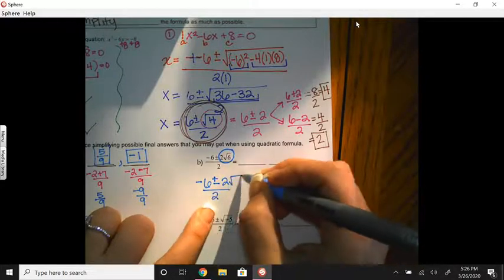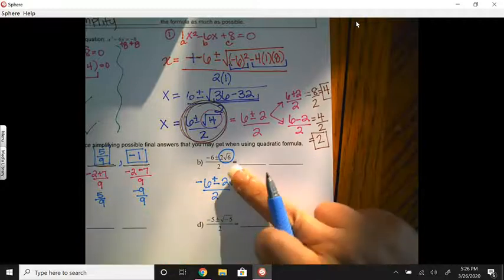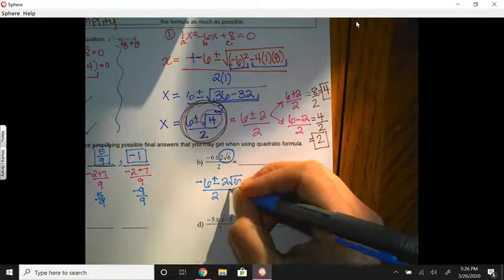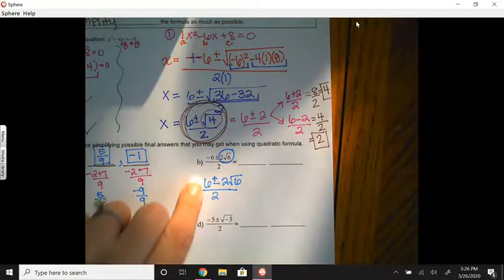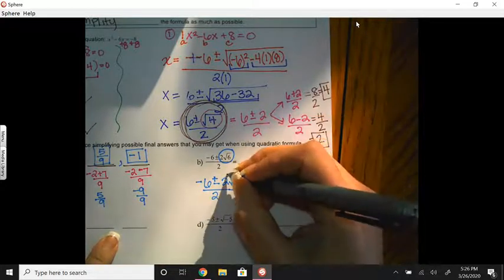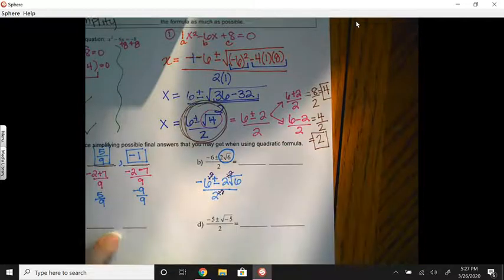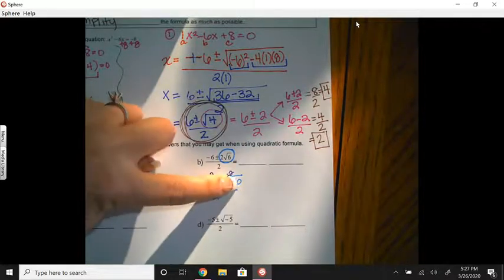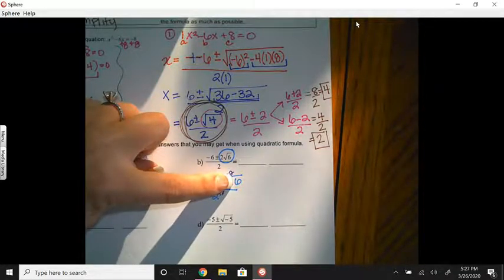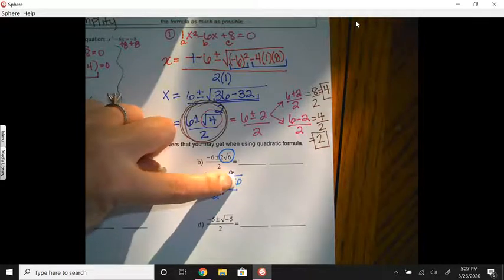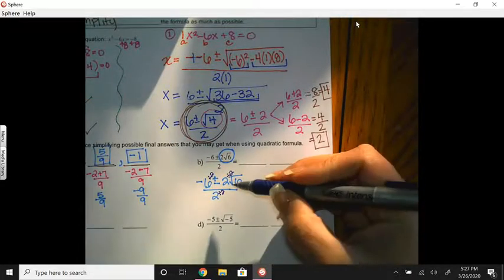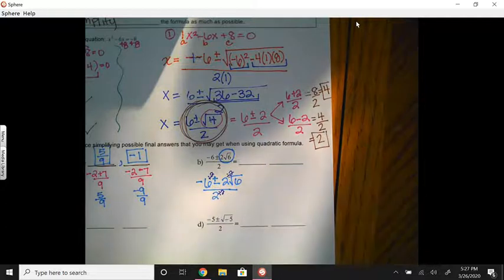So we're going to ignore this square root of 6 and see if there is a number that goes into all 3 of them. So in this case, 2. So we're going to divide out a factor of 2 from all 3 of these. Not the 6, because the 6 is in the radical and it's not 6. It's a decimal. It's square root of 6. So you're going to divide everything by 2.